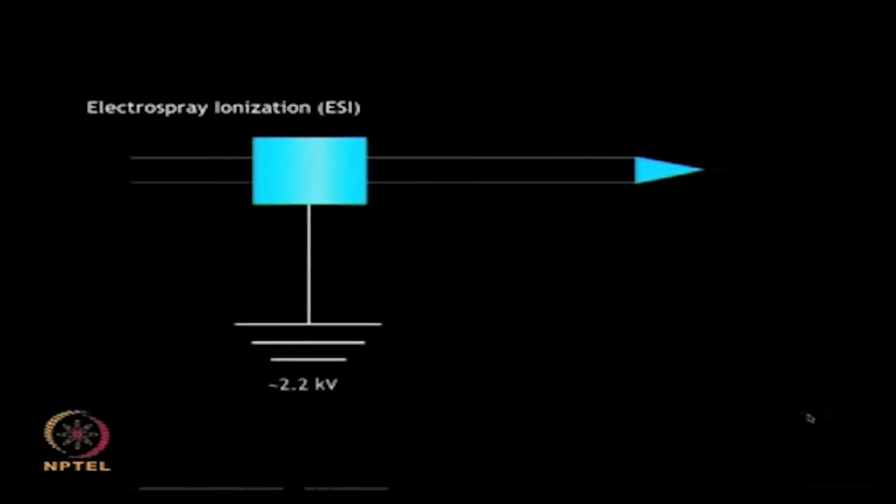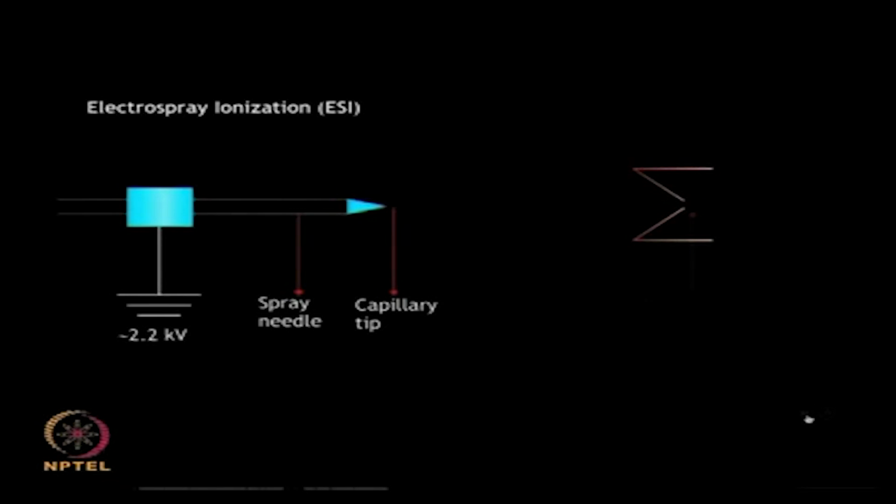In electrospray ionization, the sample is present in the liquid form and ions are created by spraying a dilute solution of the analyte at atmospheric pressure from the tip of a fine metal capillary, creating a mist of droplets.